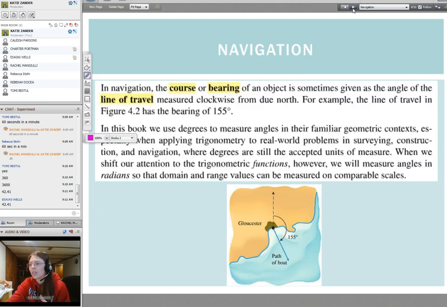Topic 2, oh, technically this isn't the second topic, but I just want to let you know that as we're working with trigonometry, we use it a lot for bearings. So when we get to the story problems, you're going to see a lot of the degree measures and maybe even the DMS format with bearings. So navigation and all that good stuff.